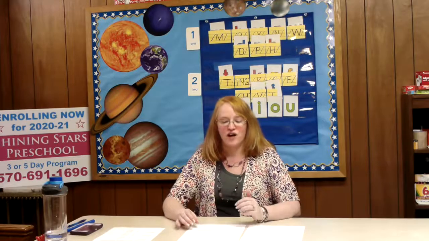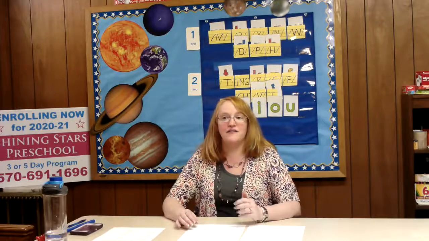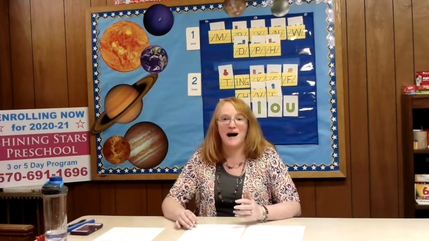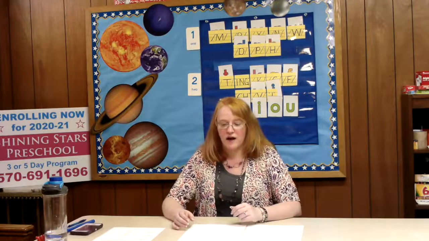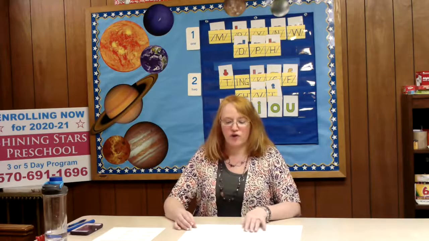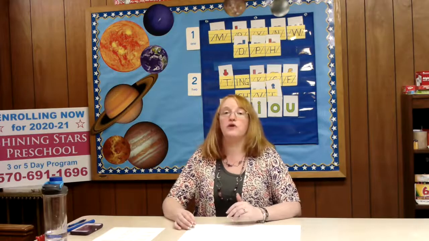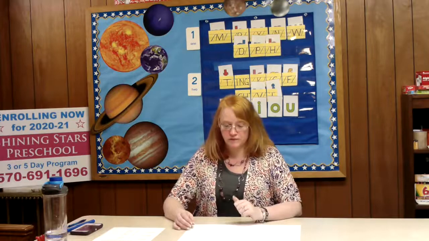So instead of sun, they might say done. They might say bun. They might say ton because it's easier for them. Same with the z. Instead of zoo, they might say do. And again, we give time for these to resolve as they're going and entering school. These are a little bit later resolving.